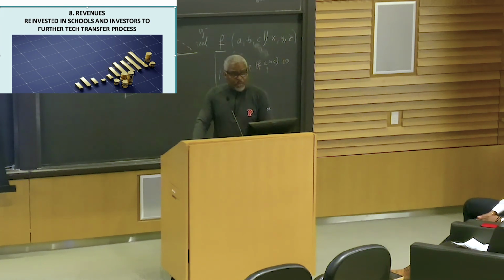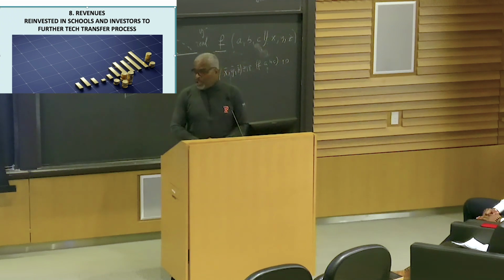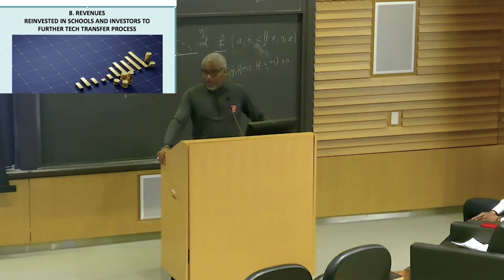And that, again, is where the revenue comes back. As this research is established, you're able to take that research and allow it to become a means of generating additional resources that are reinvested back into the universities, and back to the inventors, who have processes where they can share in the financial rewards of that kind of development.